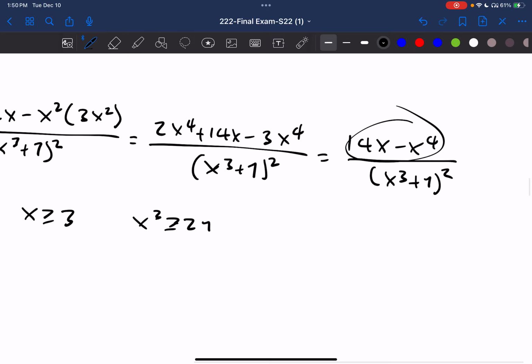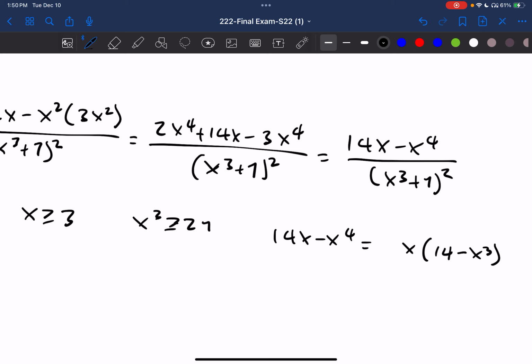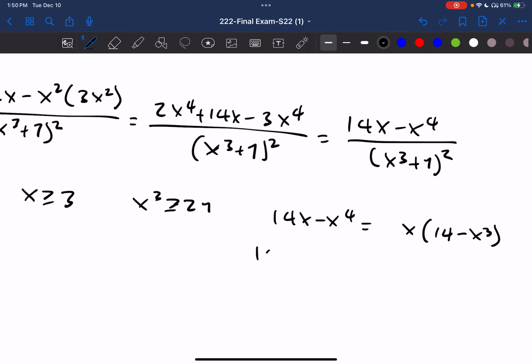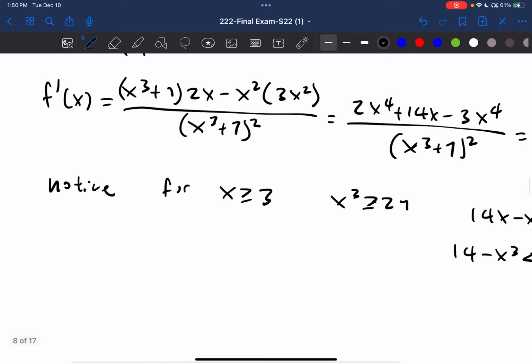And looking at this, 14x minus x to the fourth power, this is equal to, picking out an x, x times 14 minus x to the third power. So we can conclude that 14 minus x to the third power is less than 0. That is, for when x is greater than or equal to 3, f prime of x will be less than 0.